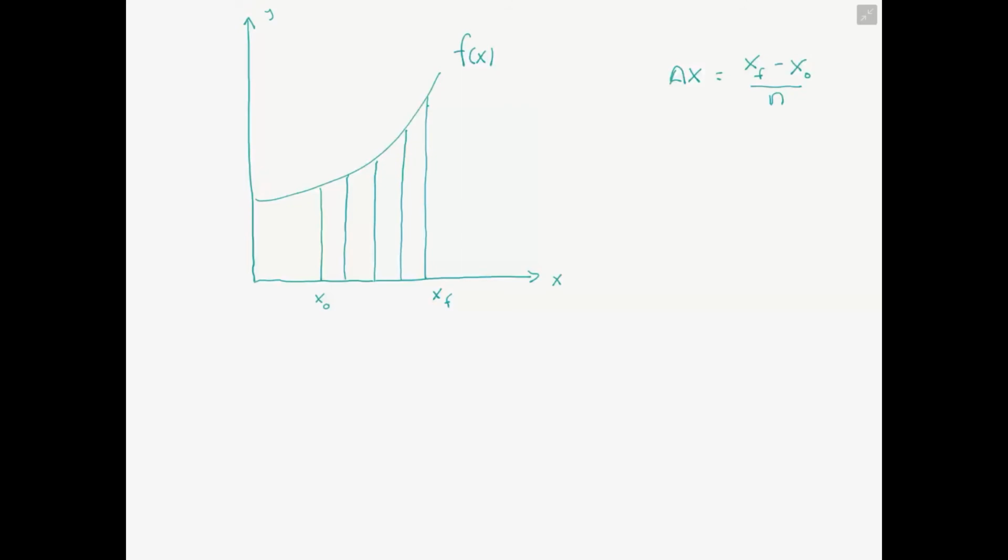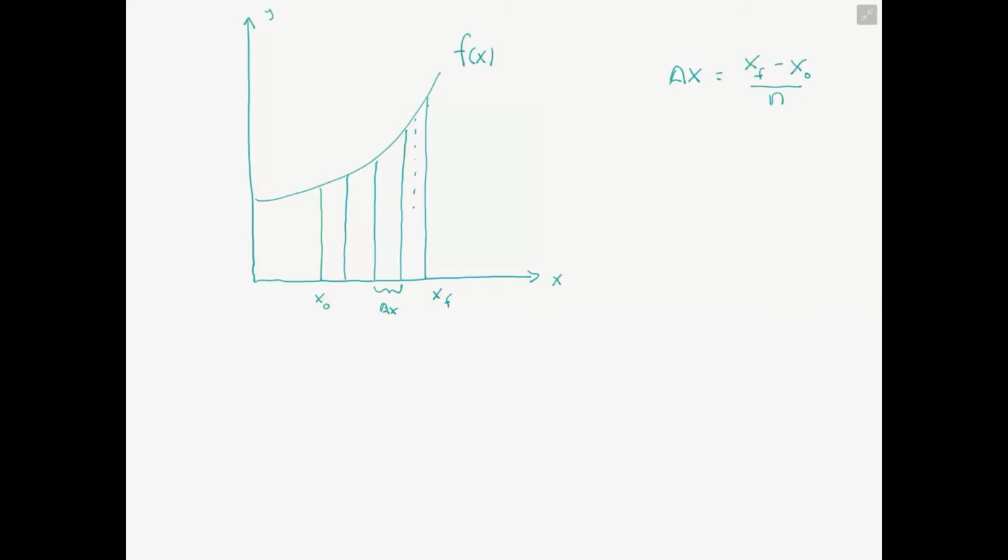In this case, we have 1, 2, 3, 4 divisions. And our delta x is right there. All those are delta x.